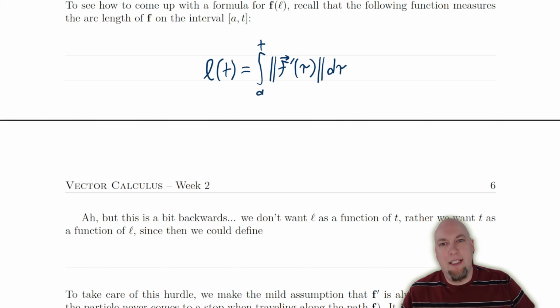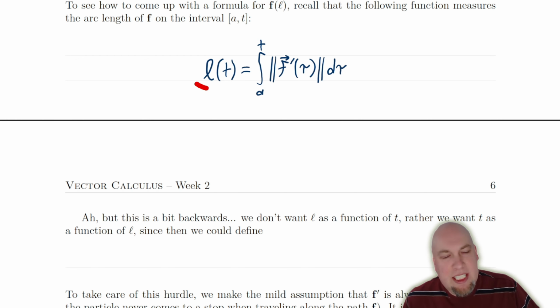The first detail is that, if I have a t value in mind, this gives me a way of computing L from it. That's not really what I need though, okay? I need to flip this around.